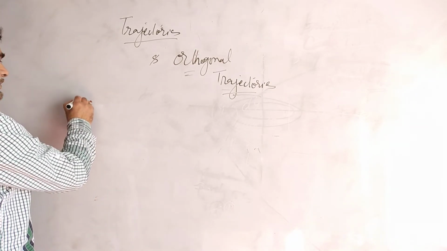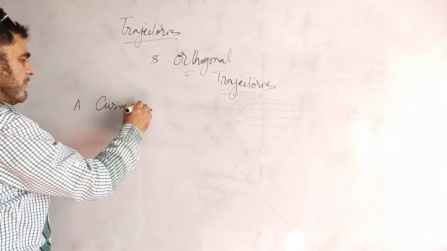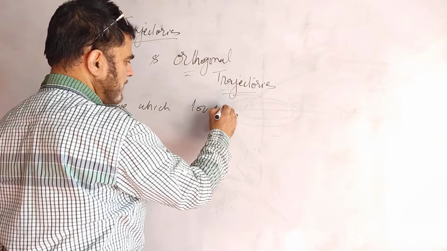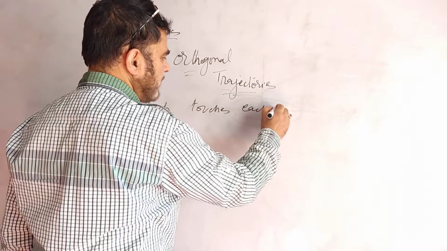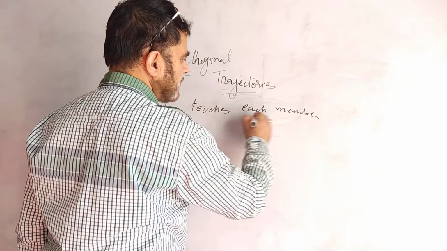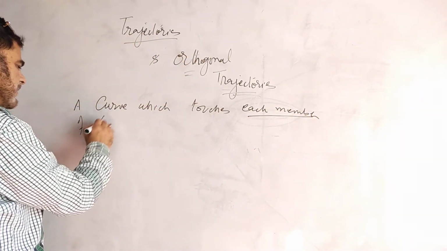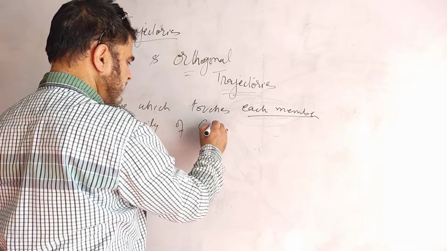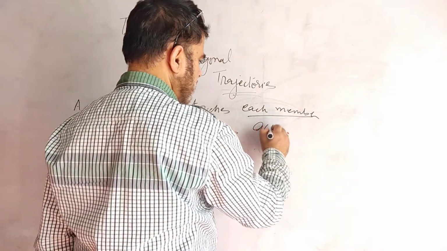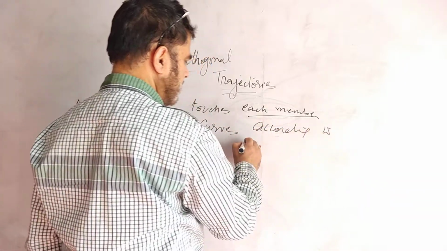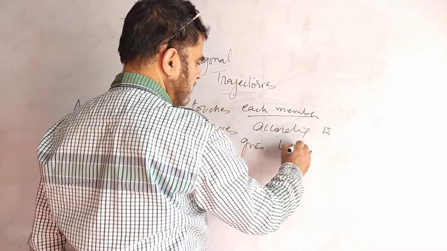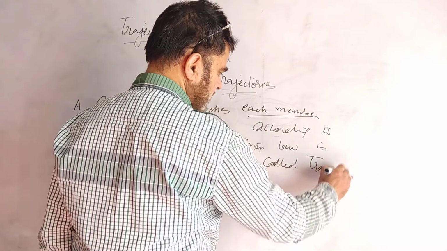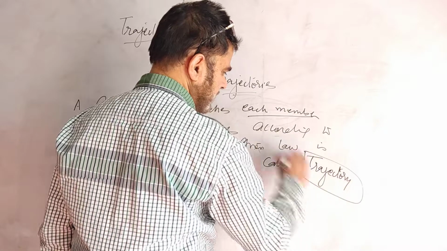It is a curve which touches each member of the family of curves according to a given law, and is called a trajectory. Now, what is orthogonal?